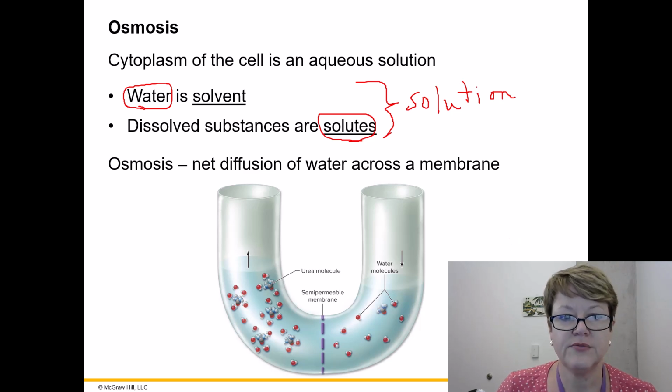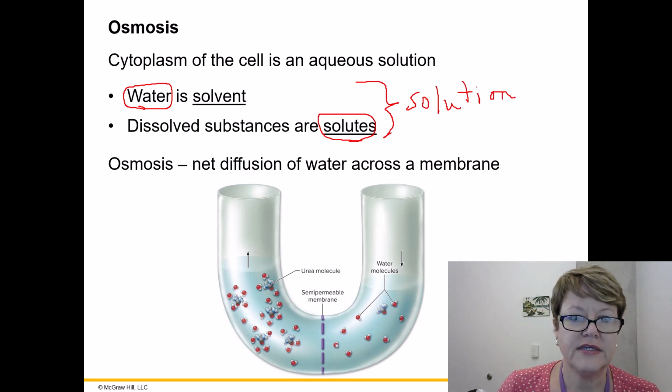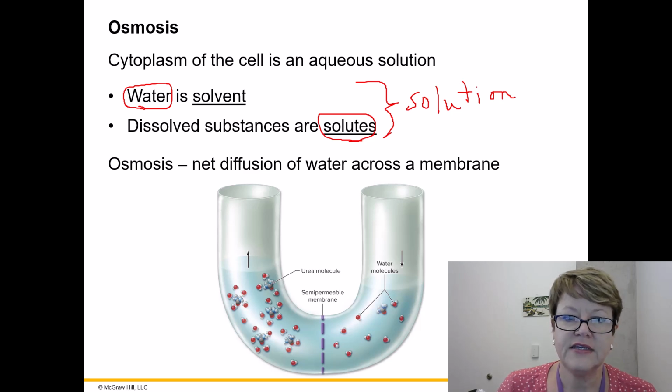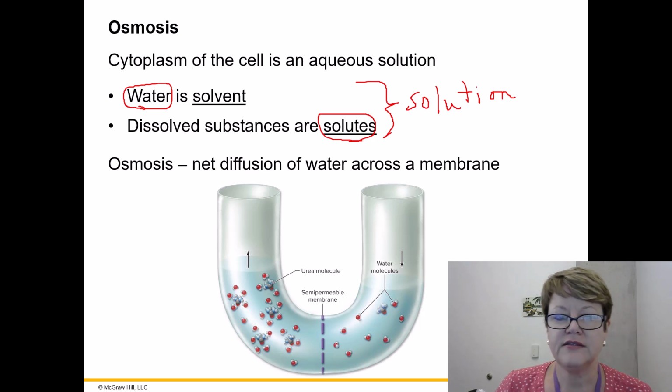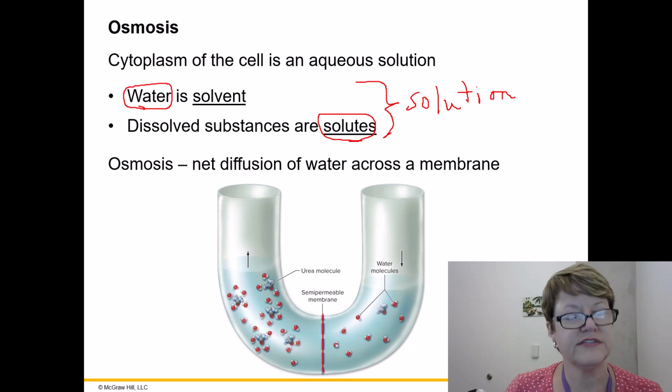This is, imagine, like a glass tube, and it is shaped like a U, and so they call this a U-tube. And let's say that you can imagine this is glass, and then they have placed, blocking the tube right here in the middle, a circle of membrane. This is not a real cell membrane.